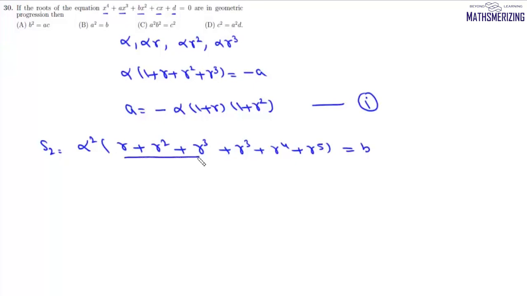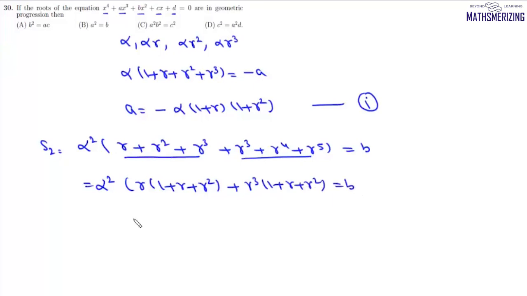Now here we'll take r common and here we'll take r cube common, so we'll get alpha square into r times 1 plus r square plus r cube times 1 plus r square, and it'll be equal to b. So we'll get alpha square r into 1 plus r square into 1 plus r square, and it'll be equal to this b, which is our second equation.